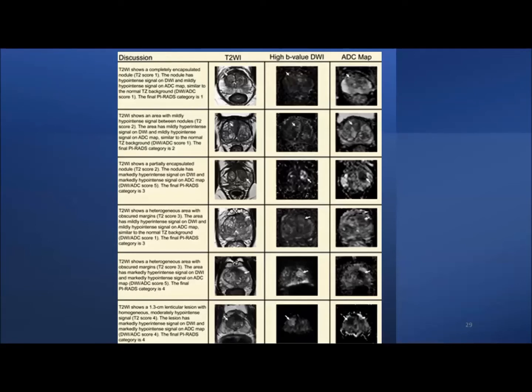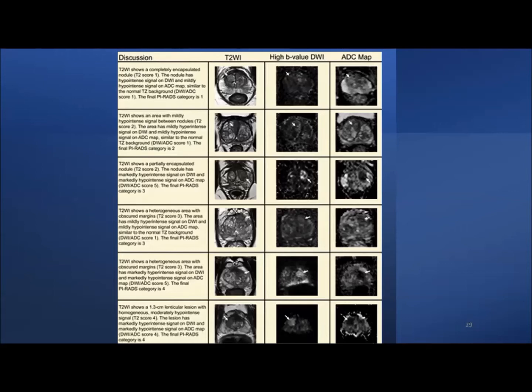That means from category 3 to category 4 for the peripheral zone. But the enhancement of benign prostatic hyperplasia is very difficult to differentiate from the cancer enhancement in the transitional zone. Therefore, we rely on the DWI sequence after evaluating the transitional zone lesion on T2 weighted sequences.